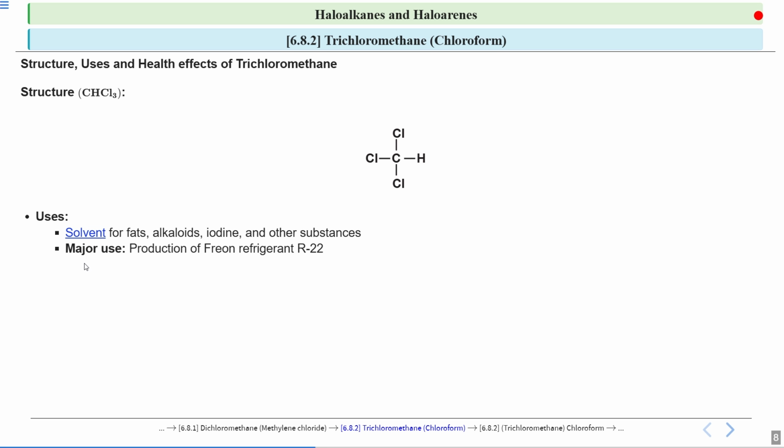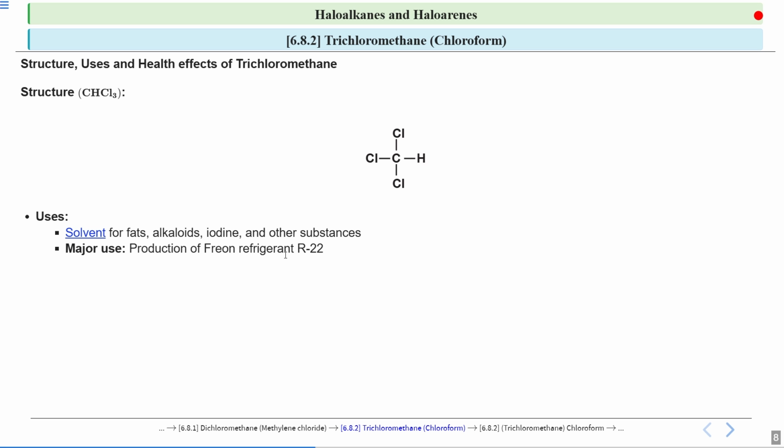The major use of chloroform is the production of freon, which is a refrigerant, R22. It even has a name, R22. So for the production of freon refrigerant R22, specifically this type, we use chloroform, and it is the major use of chloroform.